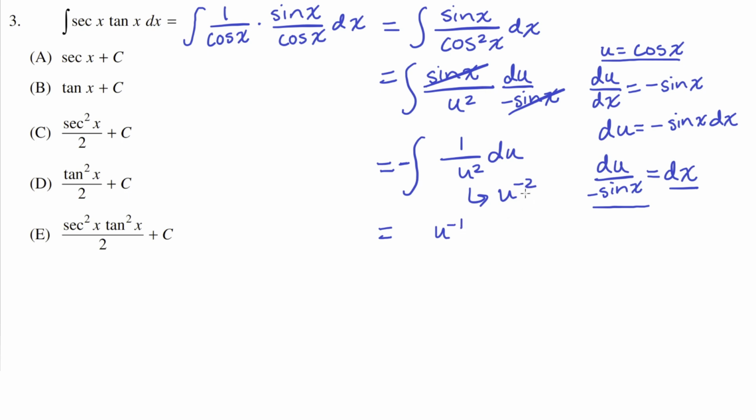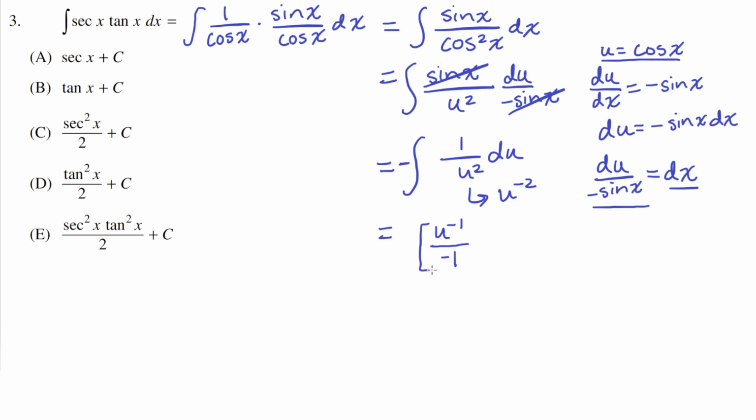And instead of multiplying by negative 2, we're going to divide by negative 1. So in power rule, you first multiplied by the exponent, and in the reverse of power rule, we're going to divide by the exponent after we've added 1 to the exponent.